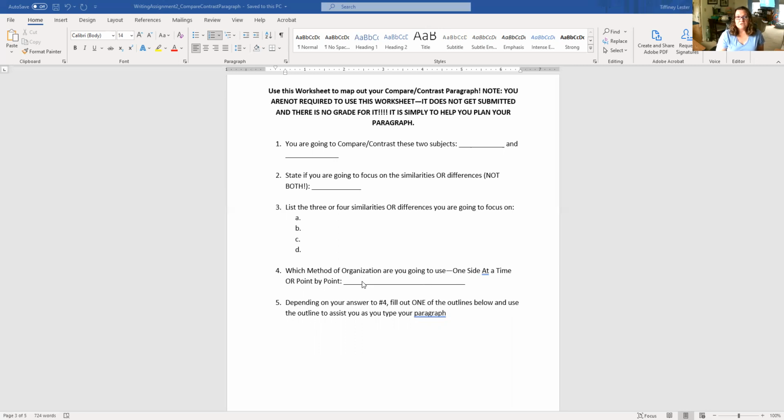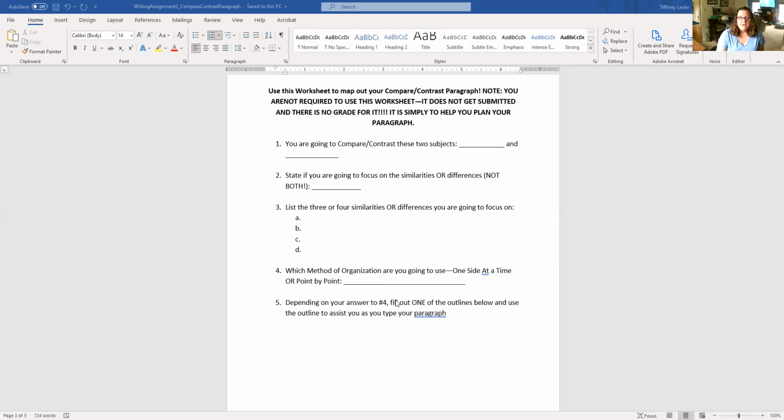Decide which one you feel most comfortable with, which one you think makes the most sense, given your topics and the similarities or differences you're going to look at. Decide for yourself, are you going to use one side at a time or point by point? Write that on line 4.